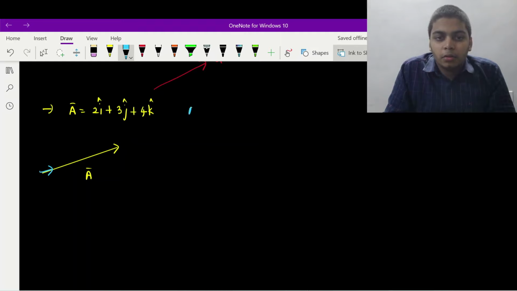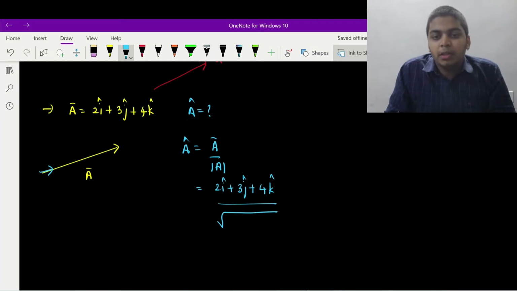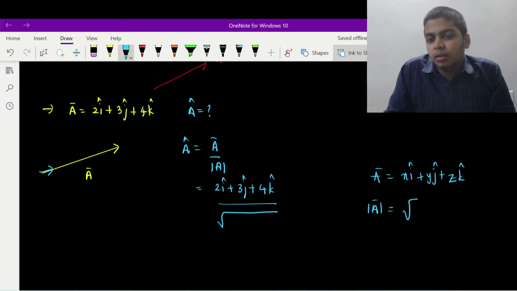So what is the a cap of this? How do you find your a cap? Your a cap is nothing but a bar by mod a, and your a bar is nothing but 2 i cap plus 3 j cap plus 4 k cap, so 2 i cap plus 3 j cap plus 4 k cap by mod a. Mod a means if you have a vector a bar equal to xi cap plus yj cap plus zk cap, your magnitude of that vector is root over x square plus y square plus z square.